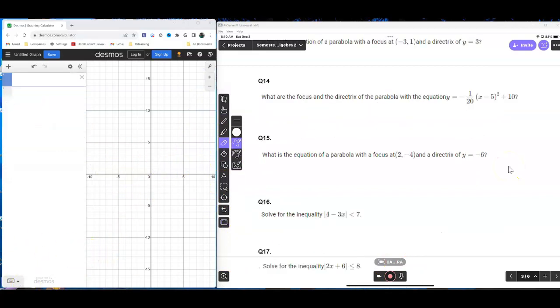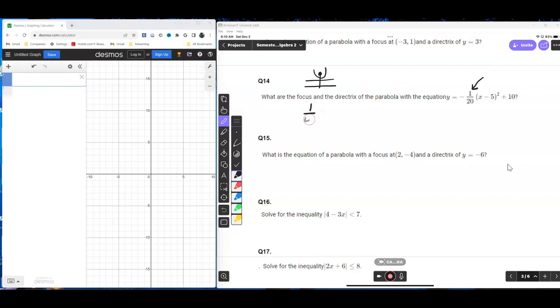Number 14: what are the focus and the directrix of the parabola? Remember that I taught you this is the parabola, this is the focus, this is the directrix, and we know that they're equidistant to the parabola. You can find the focus by using this value, 1 over 4c.